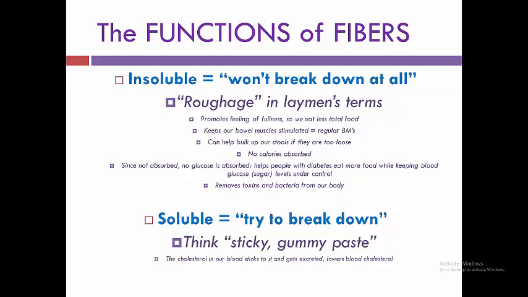So you can eat a lot of fibery foods and not get very many calories, which helps you control your weight. And since we can't absorb this form of carbohydrate, then those sugar molecules can never enter our bloodstream and become glucose.